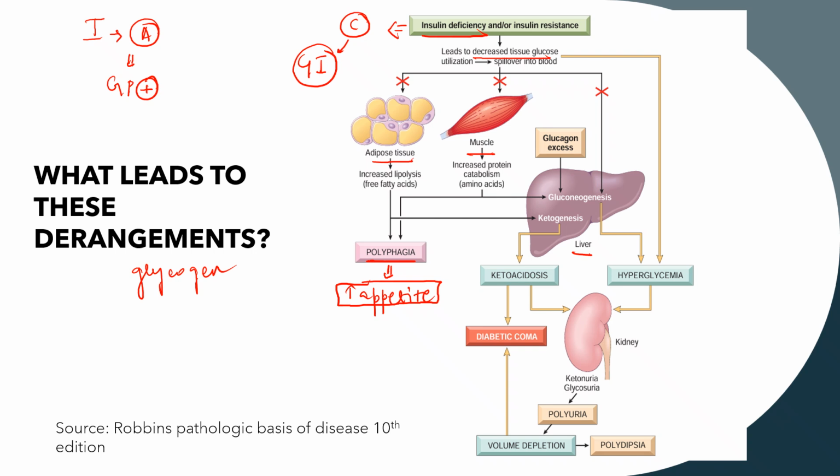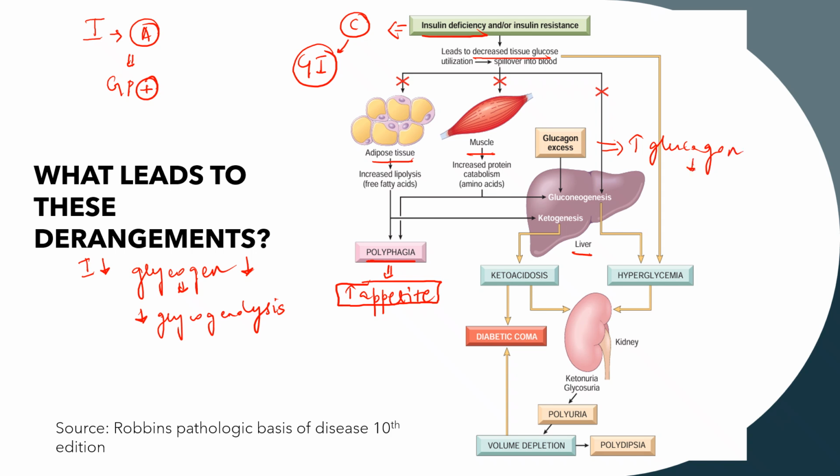Apart from this, you must understand there is a hormone called glycogen. Now this glycogen synthesis also decreases. Insulin synthesis decreases, so does glycogen synthesis. There will be a decrease in glycogenolysis. But what is counteractive to insulin? Glucagon. So there will be an excess of glucagon.